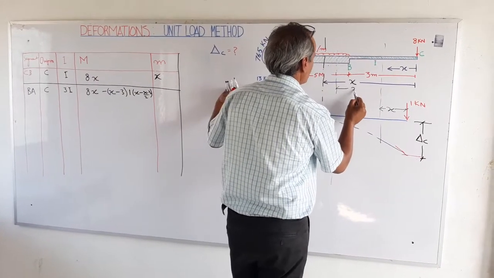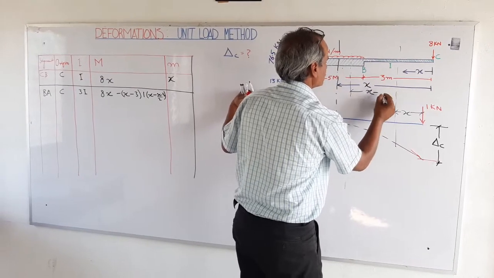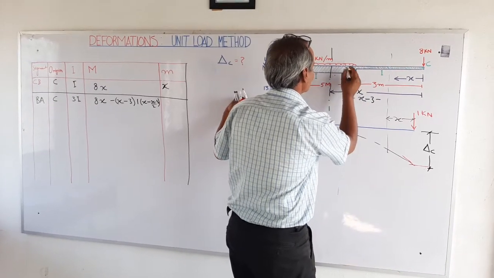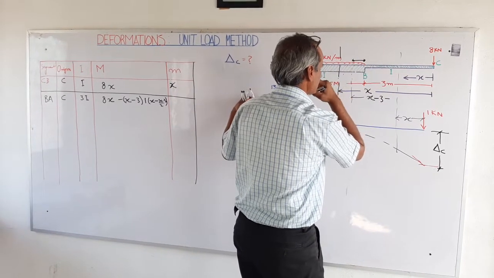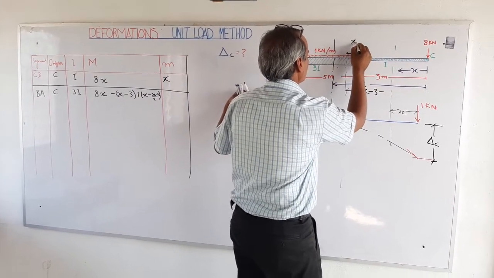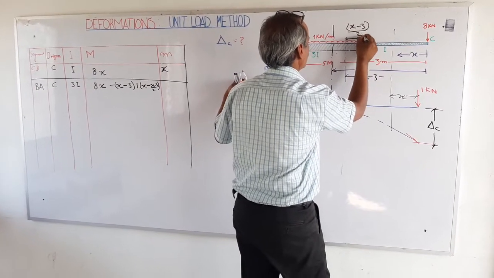It will be x minus this 3 and minus again this distance. This distance is x minus 3 divided by 2.